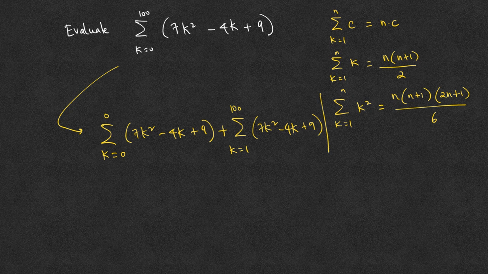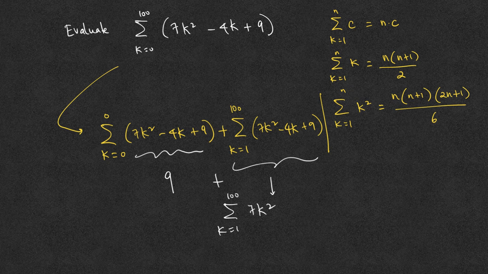We can evaluate this sum easily when k equals 0. When k equals 0, 7 times 0 squared minus 4 times 0 plus 9 is 9. And then, to evaluate this sum, in order to use these formulas, we would need to rewrite this into 3 sums. k goes from 1 to 100 of 7k squared minus the sum as k goes from 1 to 100 of 4k plus the sum as k goes from 1 to 100 of 9.